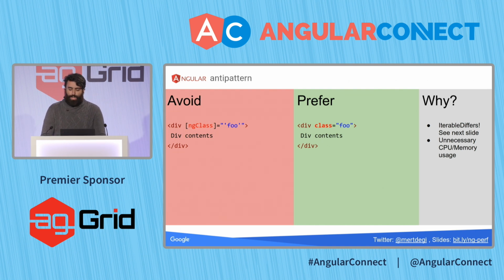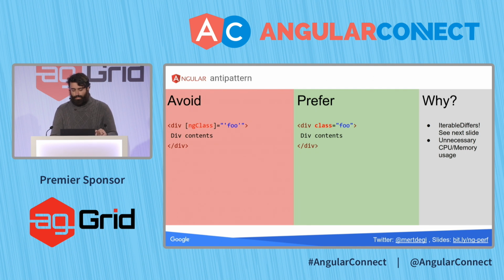This is not as fast as just using the class attribute by itself because Angular has to initialize a directive and maintain that object in a runtime. Again, this sort of optimization is not that important if you do it on a component that has few usages. But if you do this on a component, a table cell, and then you have a table with thousands of rows and cells, this is going to add up.